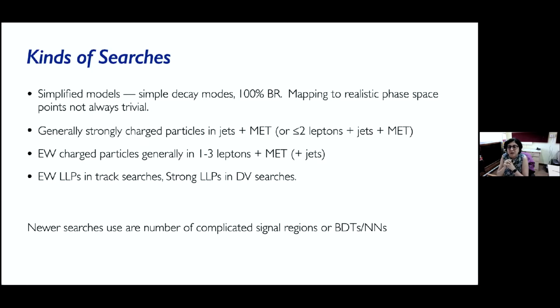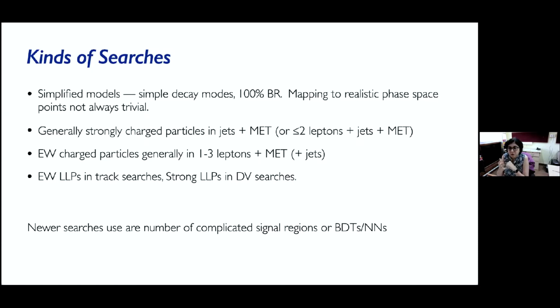And of course, now we have expanded our searches to also look at either super compressed regions or regions of parameter space where the new particles you produce might actually be stable on detector scales. These are called long-lived particles. If you have long-lived particles that are electroweak charged, then you would normally have tracks, because it's electrically charged, so it will give you a track signature.